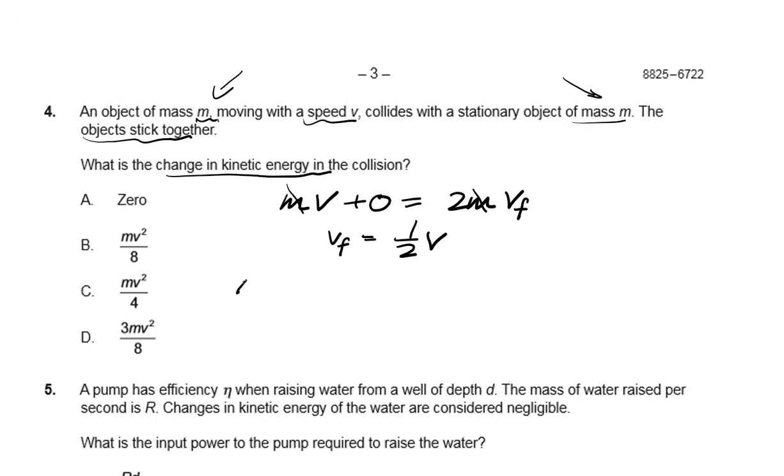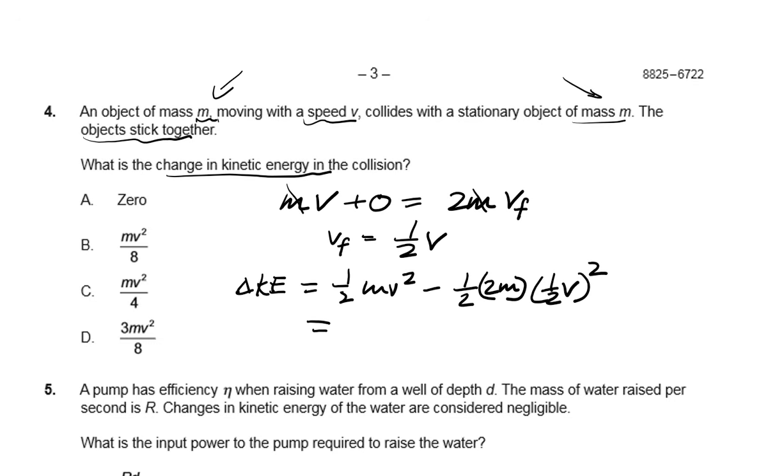So let's find the change in KE is equal to half mv squared minus the final. Final KE should always be less, right? So we have minus half 2m, and v is half v, right? Squared. So now we have half mv squared minus 1/4, right?